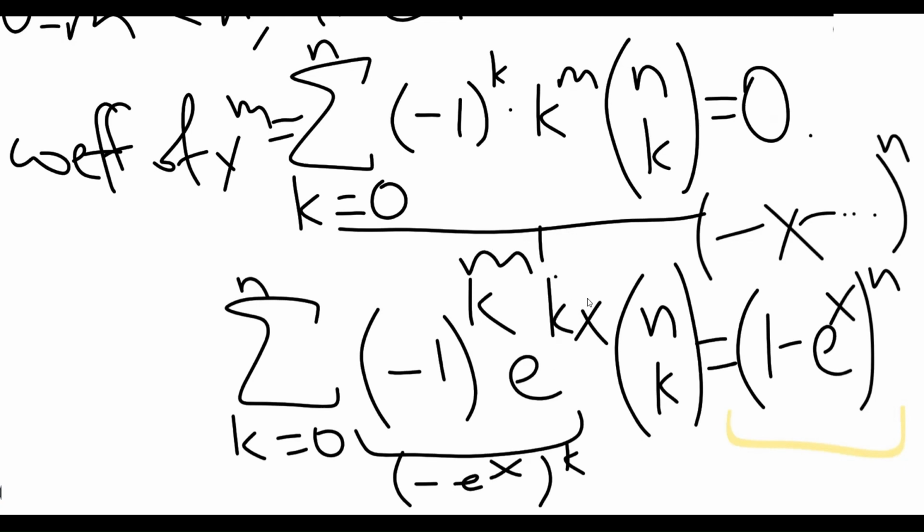Or equivalently, you could think about differentiating this m times. Each time you'll get another factor of k. So as long as you differentiate it fewer than n times, you'll get something that's 0 because of the powers of x over here.